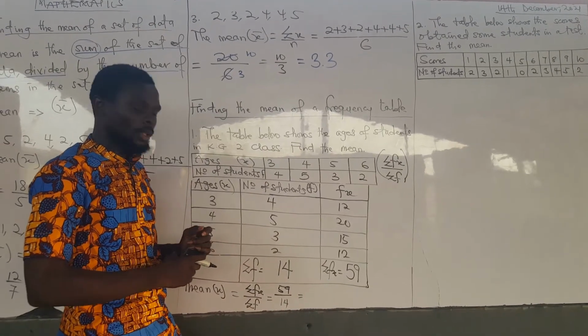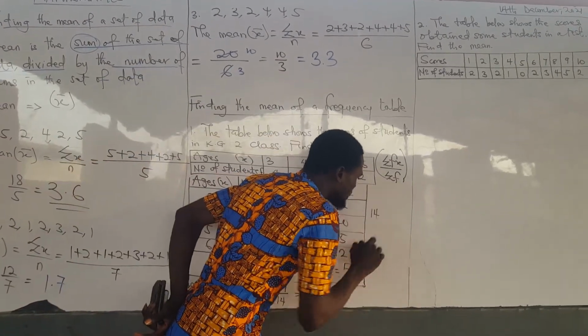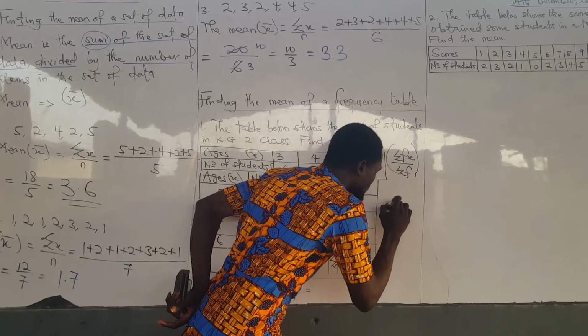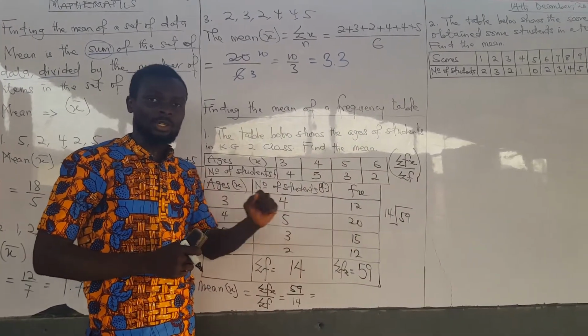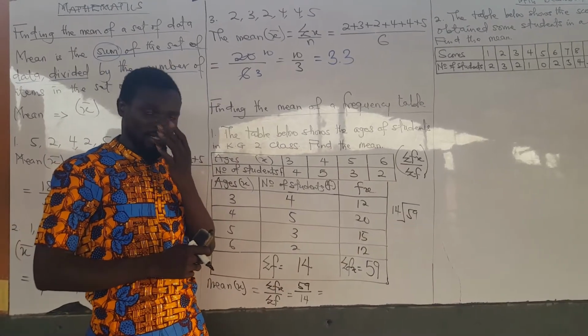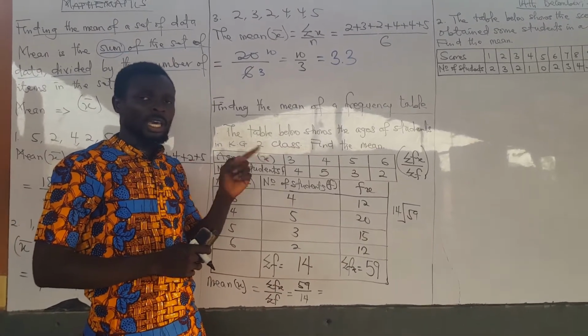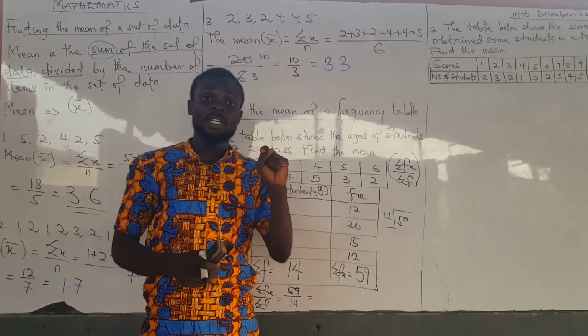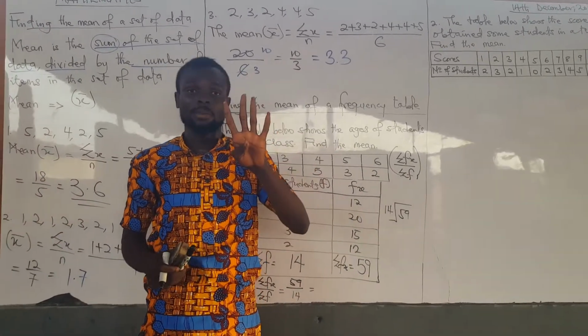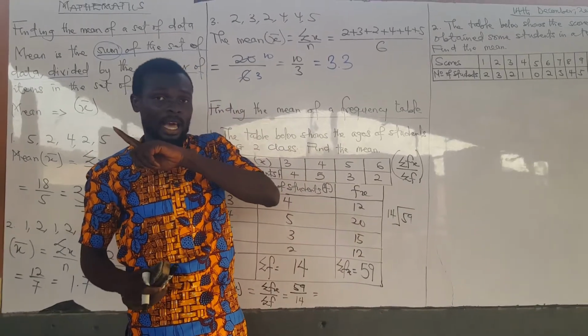Now, 59 divided by 14. Let's use the long division approach and see what we can get. Looking at this carefully, we can say that 14 will go into 59 4 times, and it will leave a remainder behind.